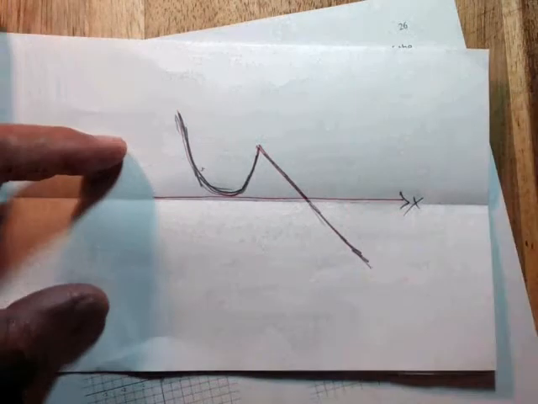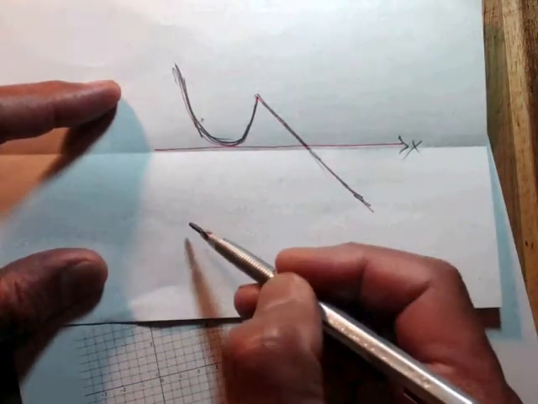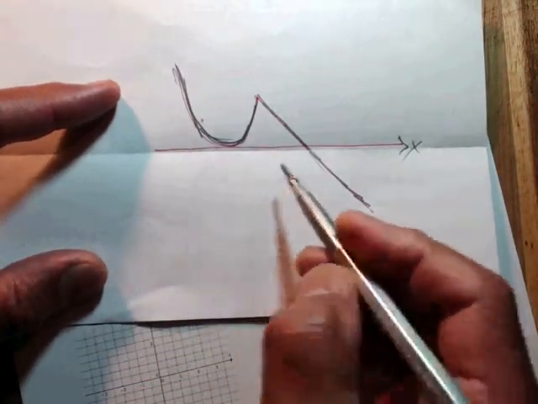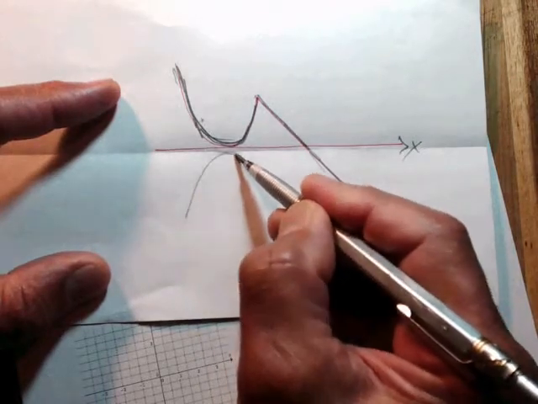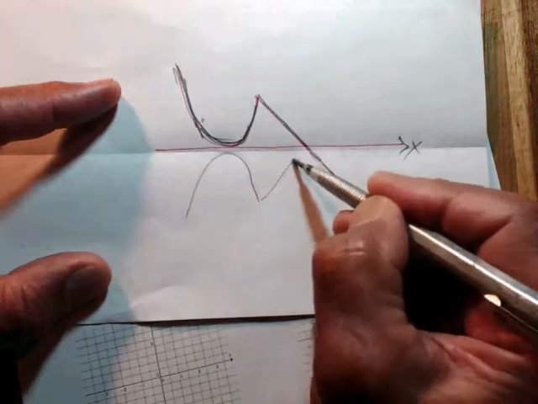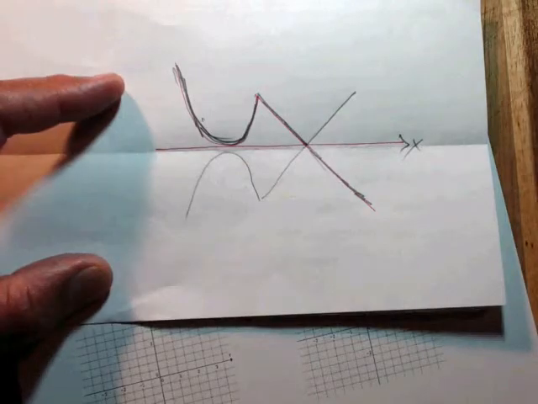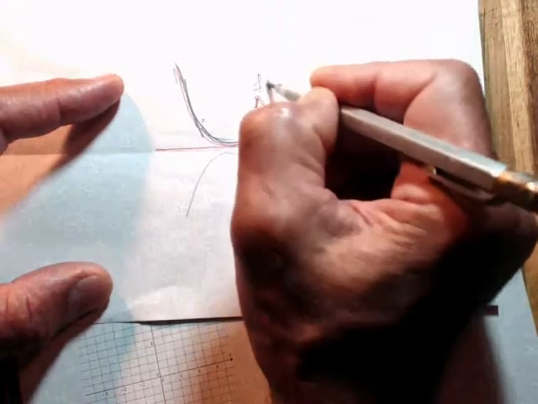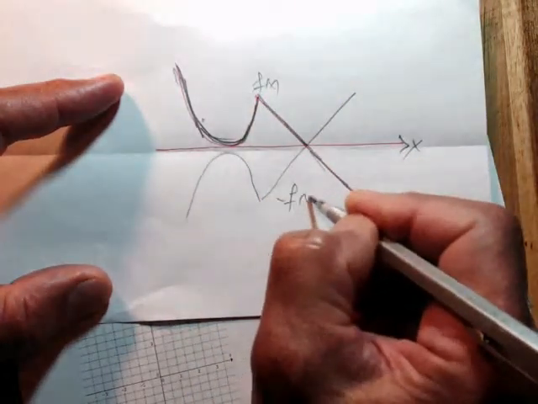You see, I got some mark. You see it here? If this is f of x, this is minus f of x.